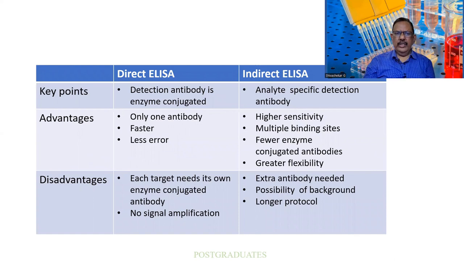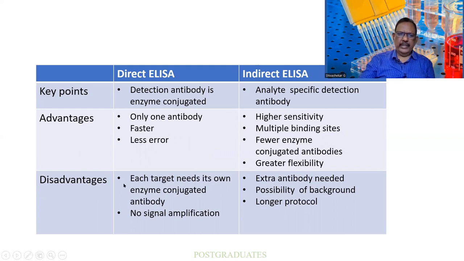There are two methods of this, direct ELISA and indirect ELISA. The key points are this. In direct, the antibody is enzyme conjugated, whereas in indirect the antigen is being detected by means of the antibody. Advantages of direct: there is only one antibody, it is faster, less error. Indirect has multiple binding sites, higher sensitivity, fewer enzyme conjugates, and a greater amount of flexibility.